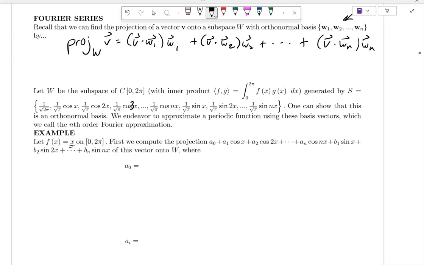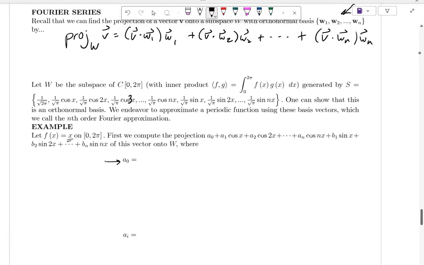So I'm going to take the inner product of x with each of these basis vectors. In general, you would take whatever the function is and do the inner product with the constant, with each of the cosines, and with each of the sines. That's what these notations are.